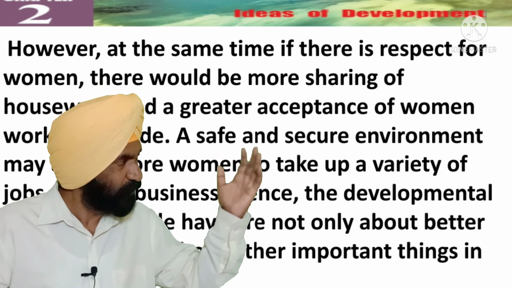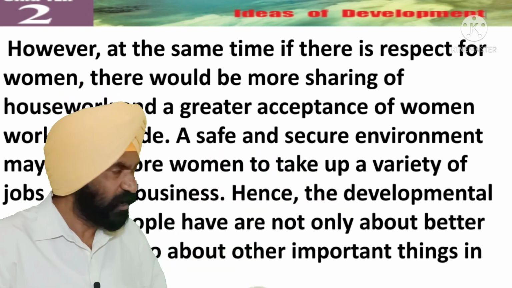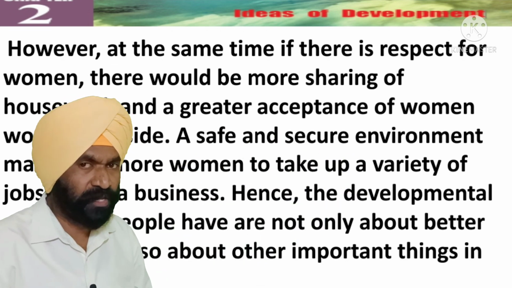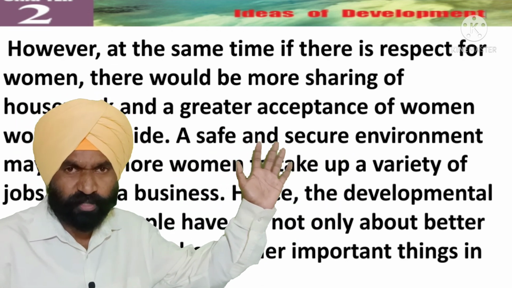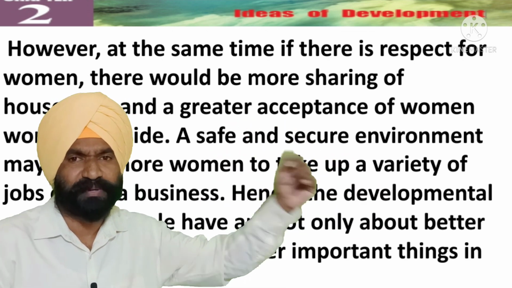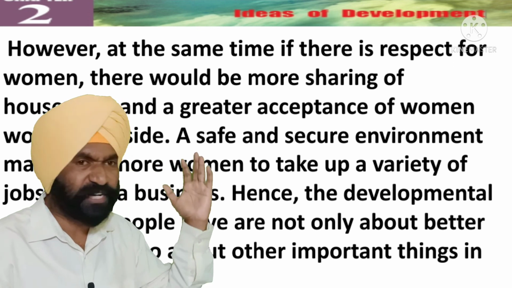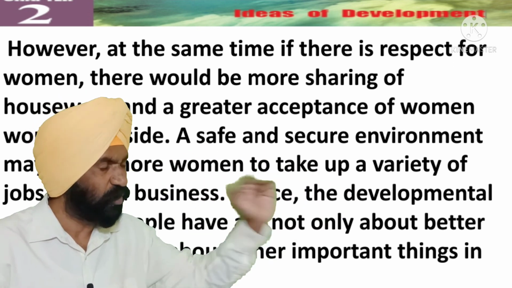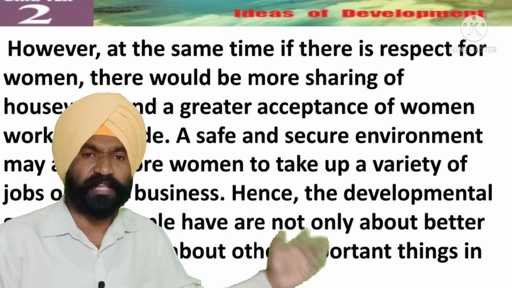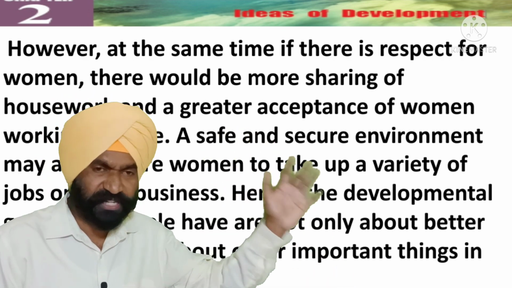They can get better education, and if they are coming out, there should be a secure environment for them. A secure environment may allow them to come out and take up a variety of jobs and businesses. Hence the developmental goals that people have are not only about better income but also about other important things which are many times ignored in life.